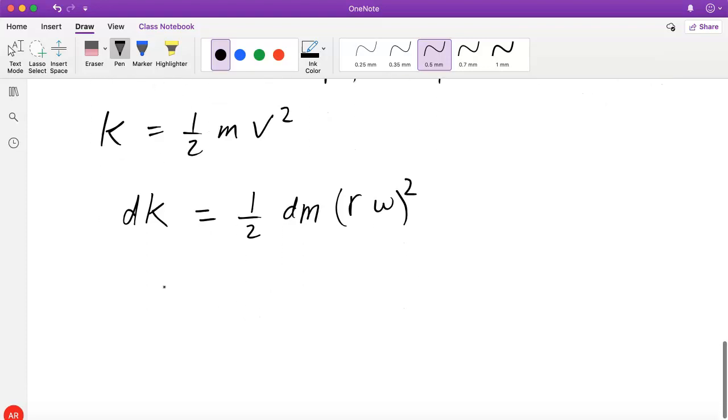All right, so now I integrate over the entire object, add the contributions of all these small pieces, and I can factor out 1/2 omega squared, because omega doesn't depend on the position of that little piece. R does, right? So r squared remains, and we have dm here.